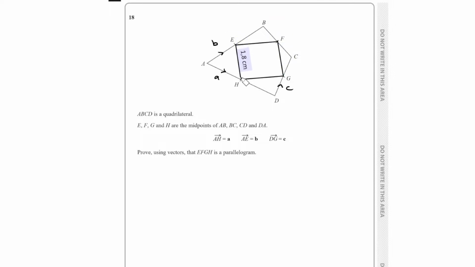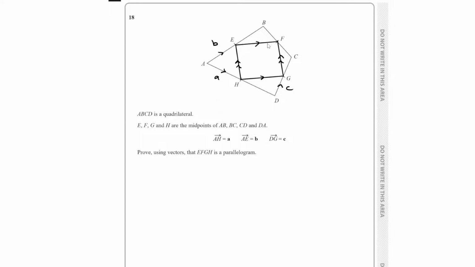So, proving that it's a parallelogram is basically we need to prove that the opposite sides are parallel to each other, don't we? We need to prove that this is parallel to this. It kind of looks the same as the vectors there, but the arrows mean parallel, don't they, normally? And that this one is parallel to this one. So, to prove that they're parallel, we just need to find out vectors for those in the first place. So I need to know EF, FG, GH, HE, and so on.